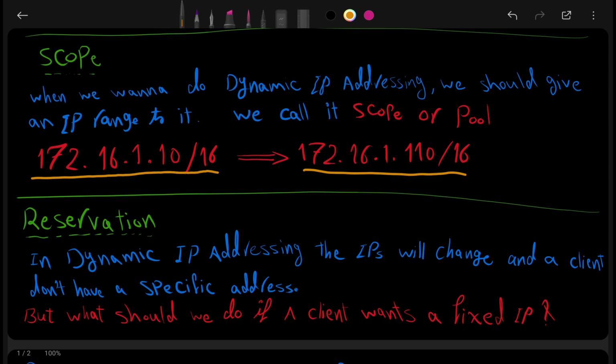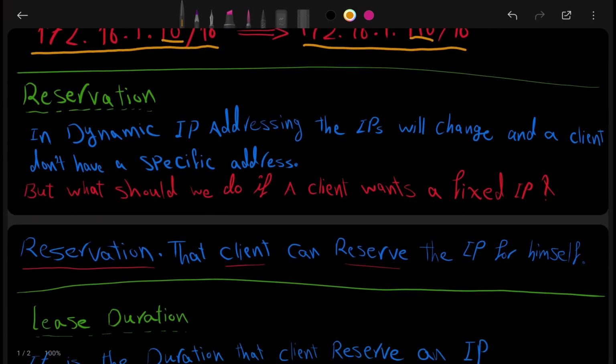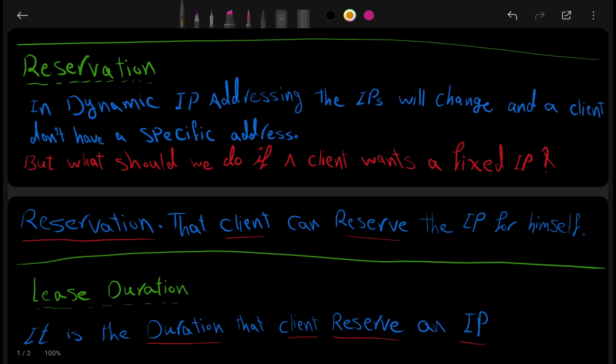I mean from 10 to 110. Okay, we have 100 IP addresses. We call it scope.